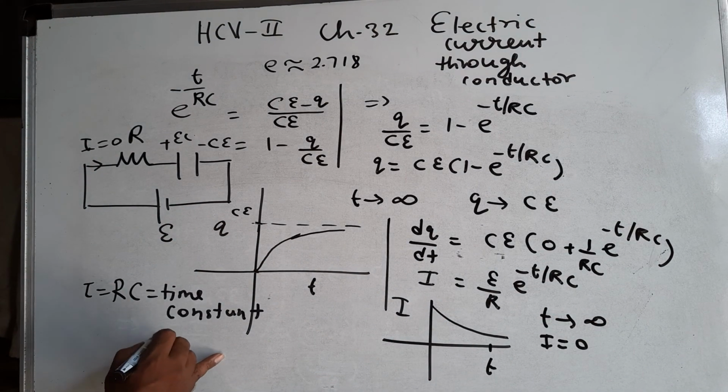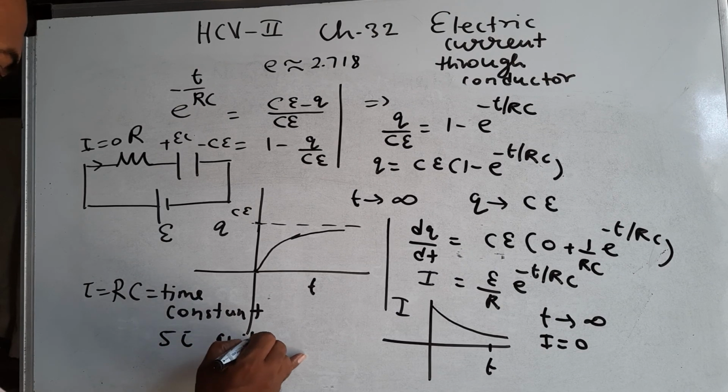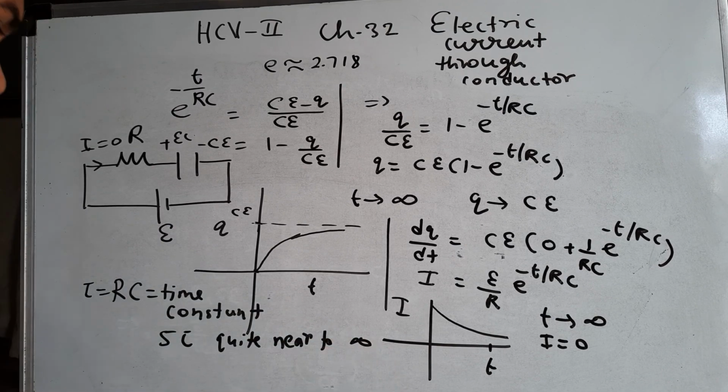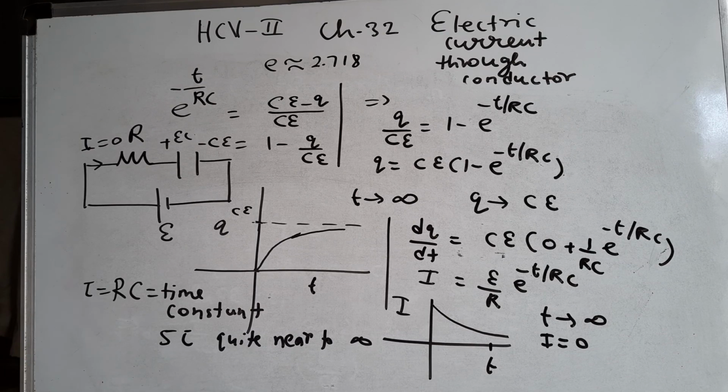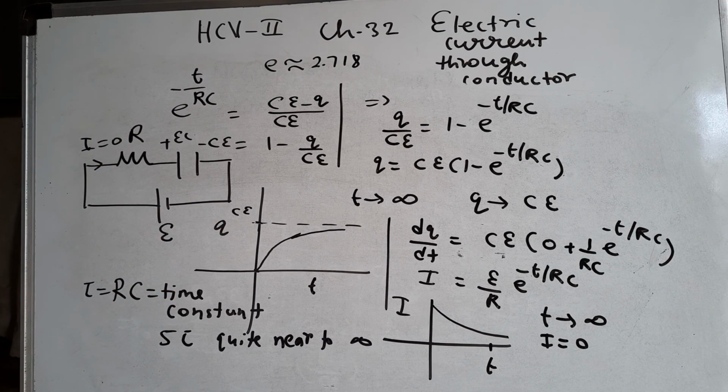Okay, 5 times the time constant is quite near to infinity. When we say quite near, it must be somewhere 90% or so of CE will be the charge, and also the current will be nearly 0.